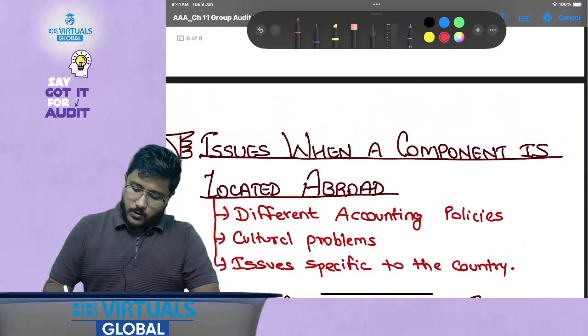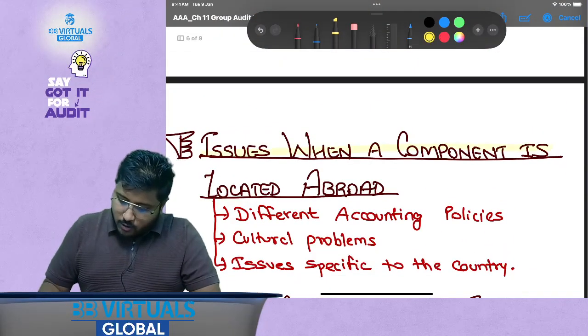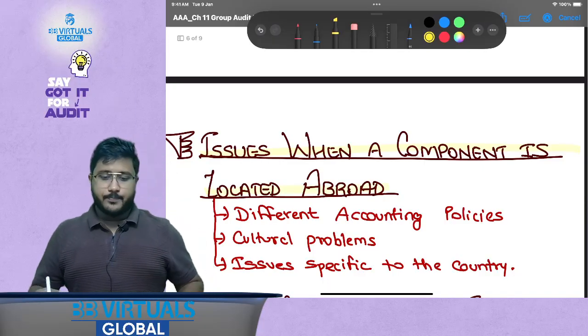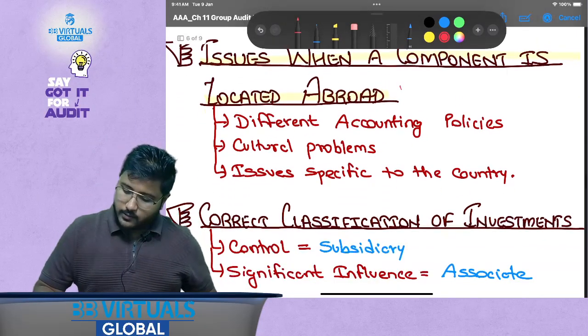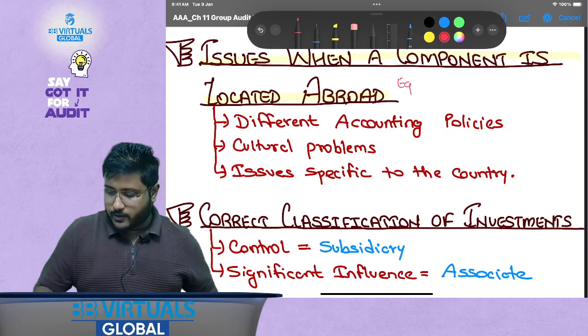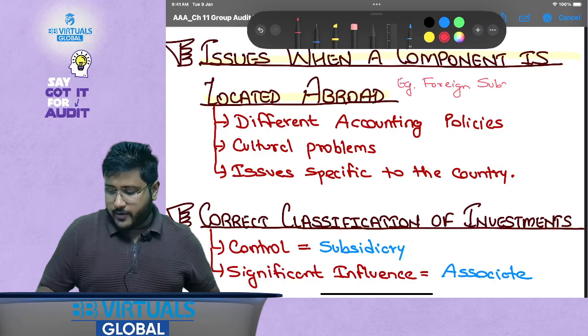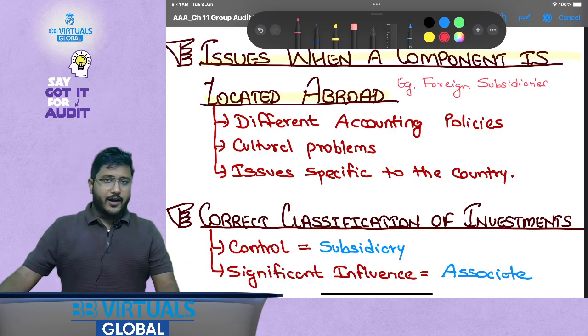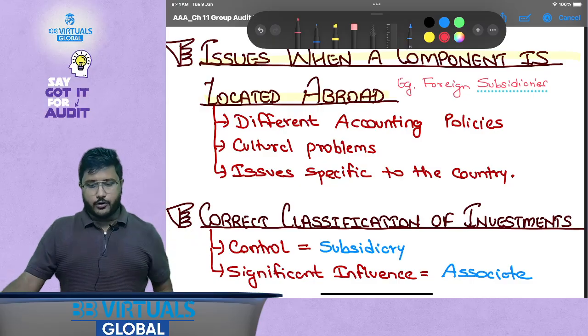Okay, now issues when a component is located abroad, that is foreign. For example, foreign subsidiaries. Now my friends, imagine that you are staying in India and you have a subsidiary in a foreign country.